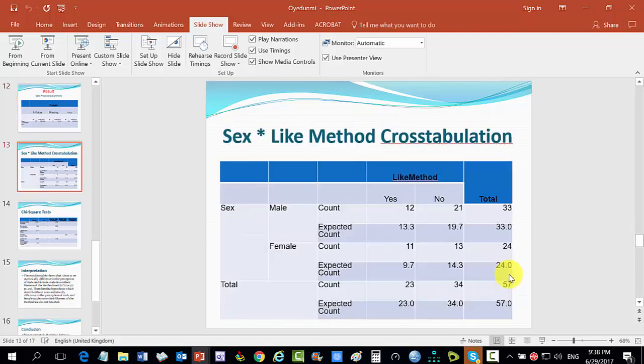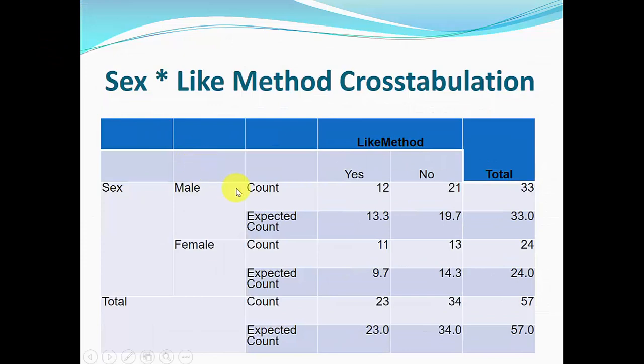Looking at this table first, we have the sex, male and female, then the like method is the response. So when you look at the observed count, you have the response.